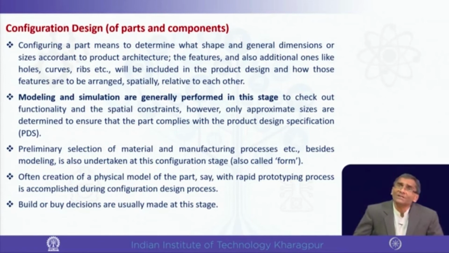There are different features also, like say ribs, curves, holes, etc. that are to be also provided. So, those are to be included in the product design beside the shape and size, and how the features are arranged in space or spatially related to each other, that also is discussed here.